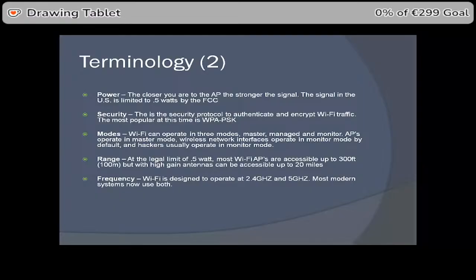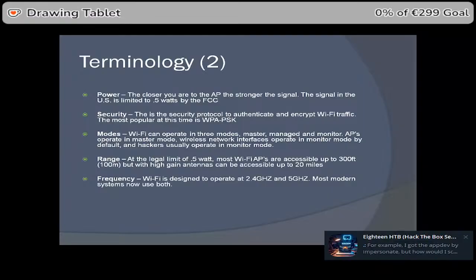The range, at the legal limit of half a watt. Most Wi-Fi APs are accessible up to 300 feet, or about 100 meters, but with a high gain antenna can be accessible up to 20 miles. We've seen experiments done with big parabolic antennas where we can actually pick up Wi-Fi signals up to 20 miles, but that's a very unusual case.